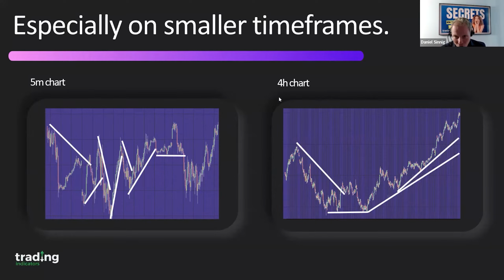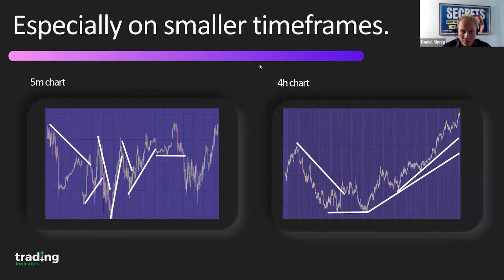So for example, here on the 4-hour chart, things are not as erratic anymore, not as crazy as on the 5-minute. And this was one important observation. You will see later on, this will become important to identify the important areas on the chart. So the first takeaway is, once you zoom out, once you move to higher time frames, things tend to become a bit clearer. Please keep that in mind for the remainder of this presentation.